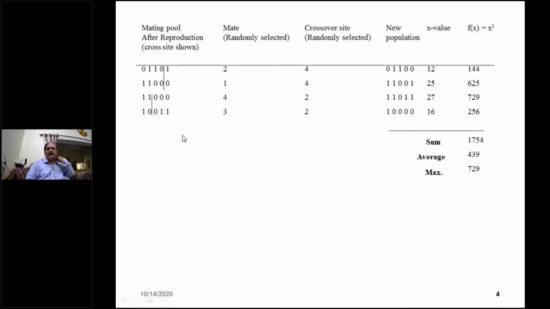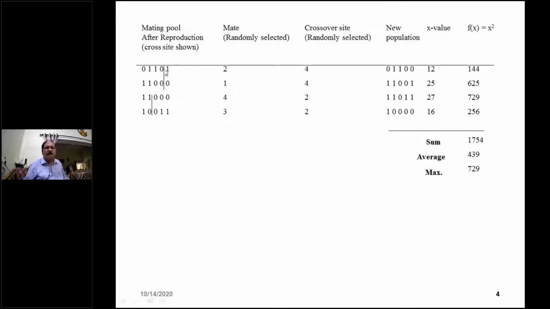Now after that you make a crossover. We have taken the first two parents and crossed them over. This is the crossover site we have randomly selected. So what we are going to do is take 01101 and 11000, and the information beyond this crossover point is exchanged.